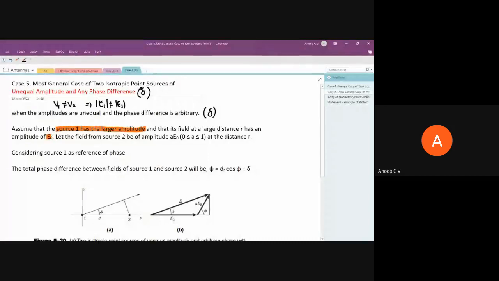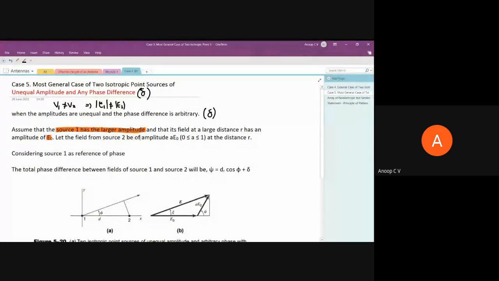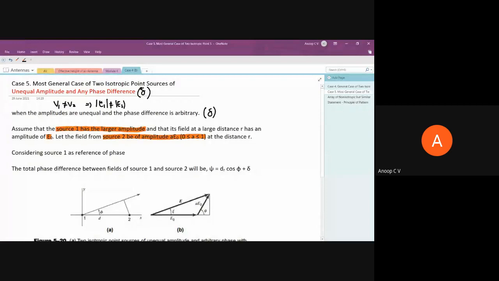Source 2 has amplitude A E naught, where A is between 0 and 1, so source 2 has a smaller amplitude than source 1. That is an assumption.